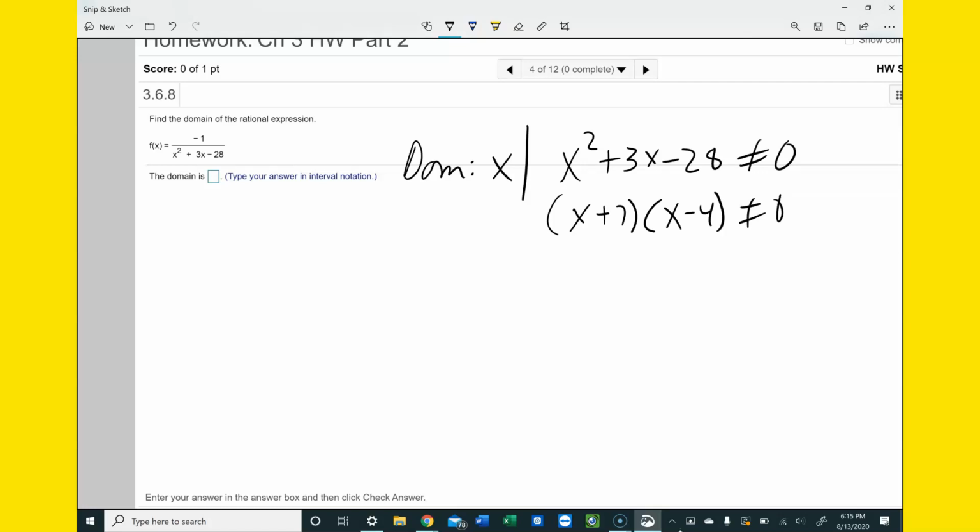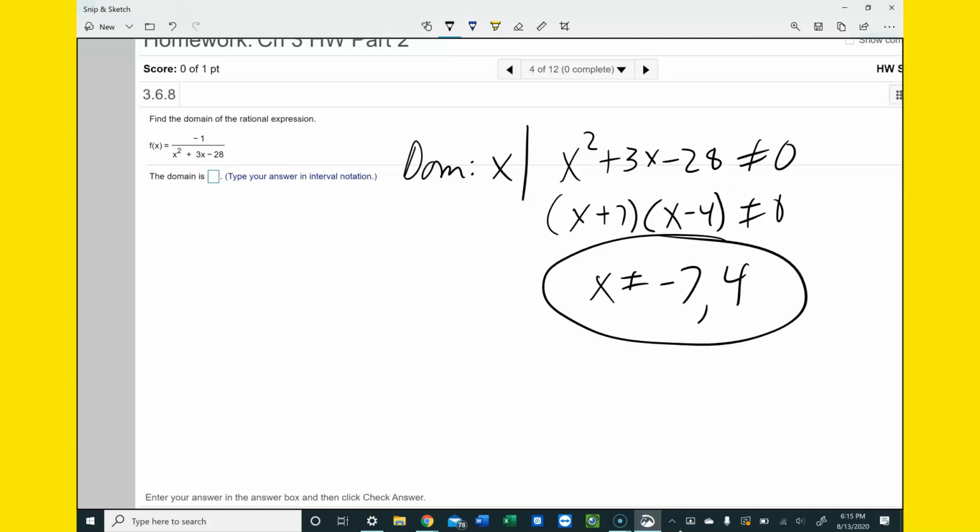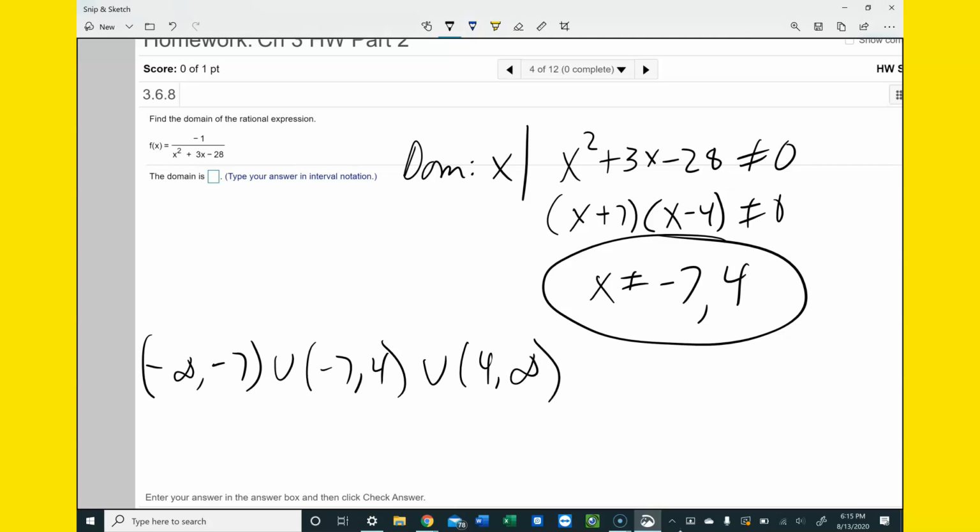So I set both of those not equal to 0, and I get x does not equal negative 7 or positive 4. So this would be a good answer. But how do I express that as an interval? I say it can go from negative infinity to negative 7, parenthesis, union negative 7 to 4, parentheses, union 4 to infinity. And that means it's everything from negative infinity to infinity, except it excludes the values of negative 7 and 4.